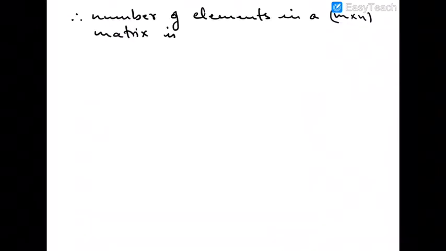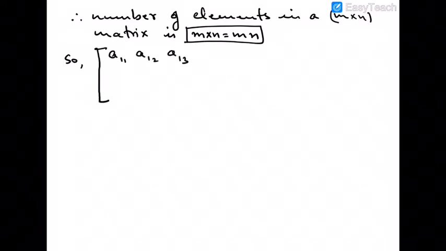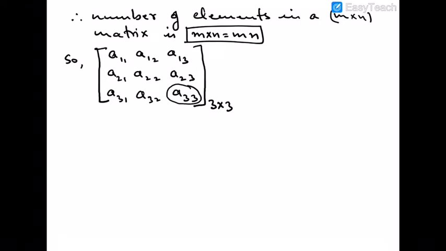Therefore, number of elements in a matrix is M times N. Means number of rows times number of columns will give us the total number of elements in that matrix. So in this matrix, we have 3 rows and 3 columns. So it's a 3 by 3 matrix, and if we multiply M with N, we will get 3 times 3 is equal to 9.